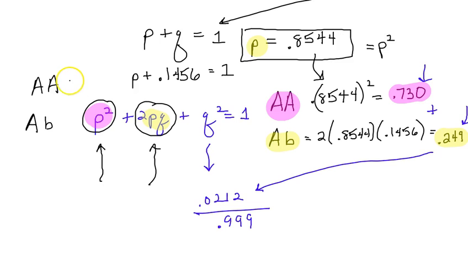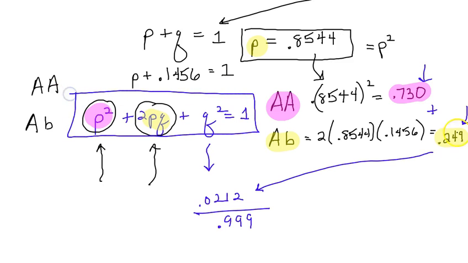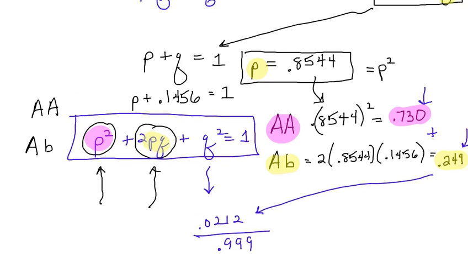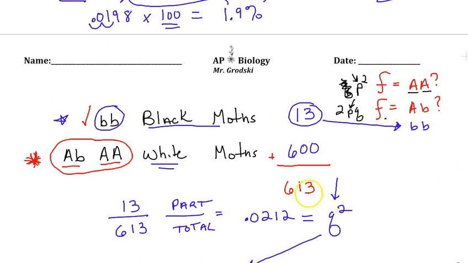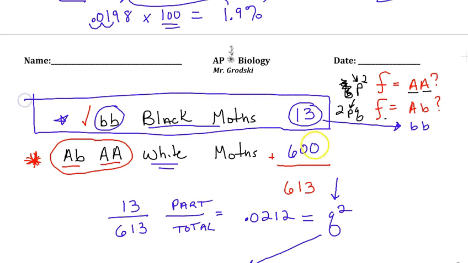All right, remember, this is the formula for the individuals. Where was our starting point? Hint, hint, hint. Always the homozygous recessive, because that number of individuals will be your q squared. 13 over the total here, that'll be your q squared.